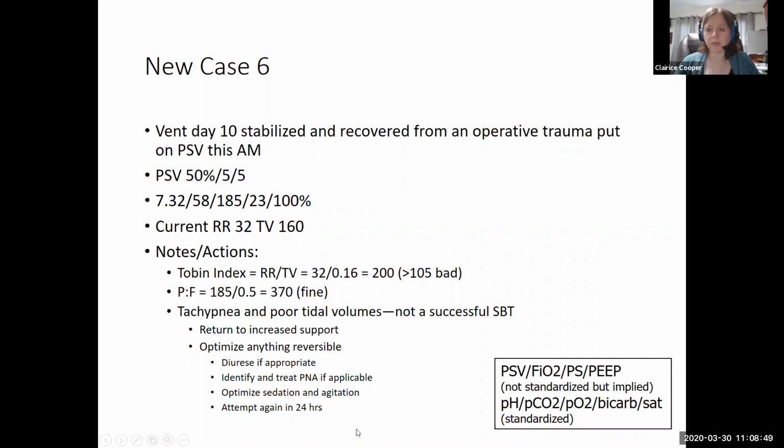If the patient has failed for apnea or agitation, and those are things that we can fix because they're things that we caused, then trying again later is reasonable and appropriate.